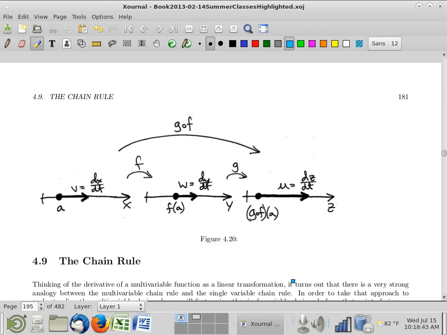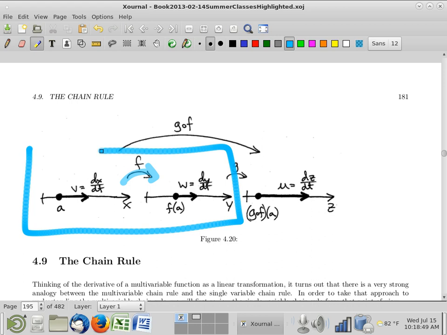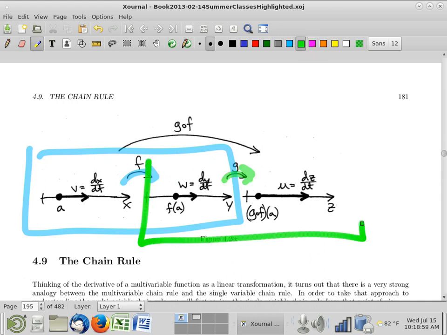So here we go. We have a composition of functions. We've got a function f with a domain and a target. And whatever comes out of f, I want to put into g, g having a domain and a target. Okay, so we have these two functions, f and g. What comes out of f is what goes into g.